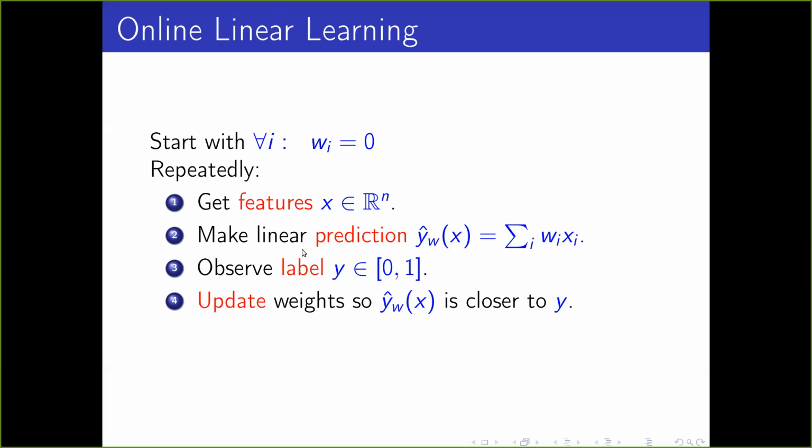So in an online setting, you start with your weights all 0, and then you repeatedly observe features, you make some prediction, and then you observe a label, and then you update your weights. The primary thing here is step 4, because the prediction is just always a dot product. And step 4 is what varies from algorithm to algorithm.